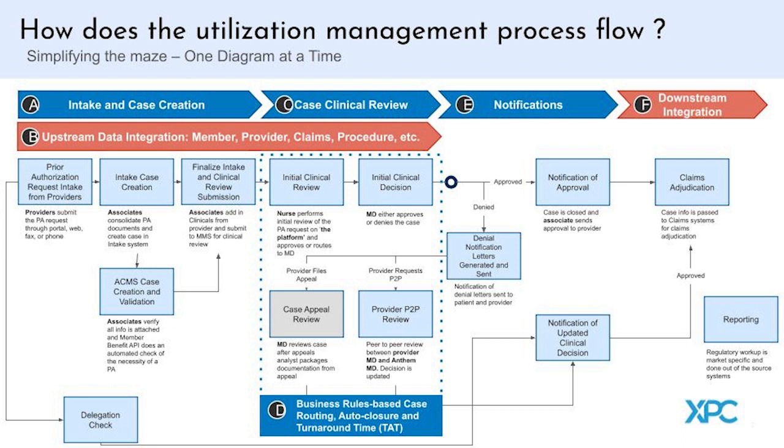So you go into a portal, or you pick up the phone, or you fax some documents over, right? So we create a case. So once the case is created, it gets sent over, and then we create the same case that the provider has sent over. Our systems consume it, and we create a case within our system, right?